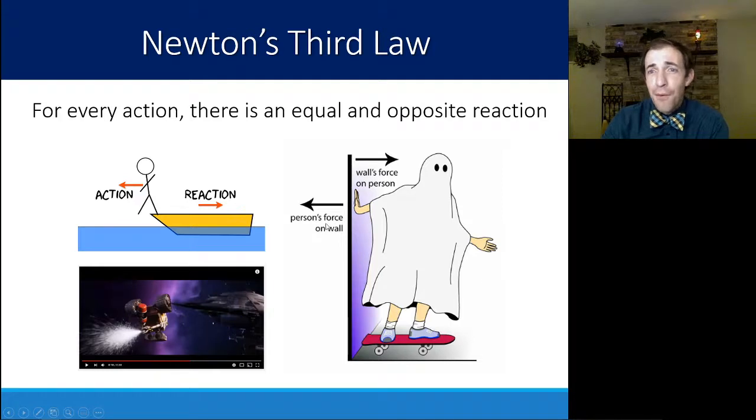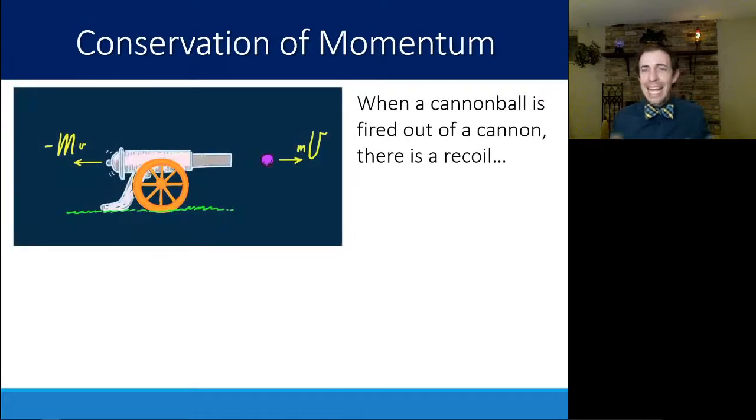Well, that force is always the same, but doesn't necessarily mean that the motion is the same for the two objects that are experiencing a force. That's where momentum comes into play. If you have a cannon or really any sort of rifle or firearm, you have maybe heard of or even experienced for yourself this idea of recoil.